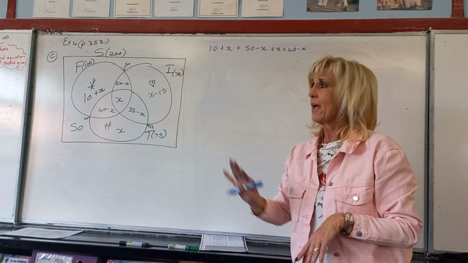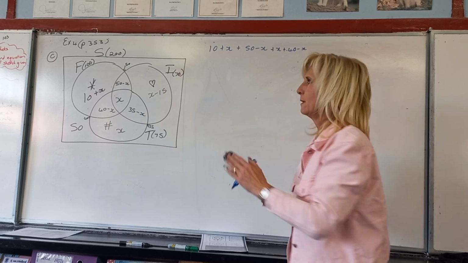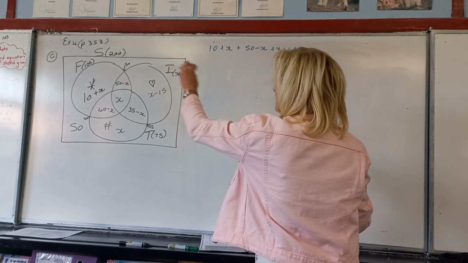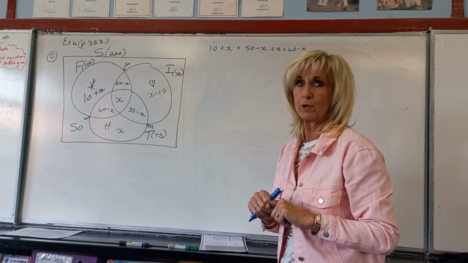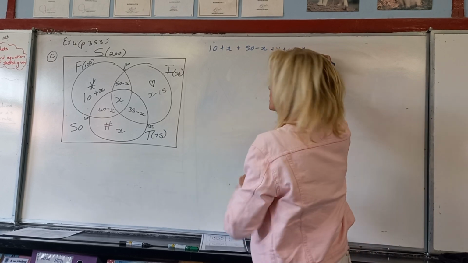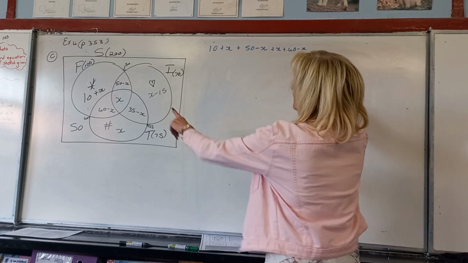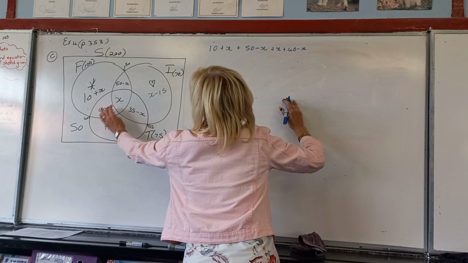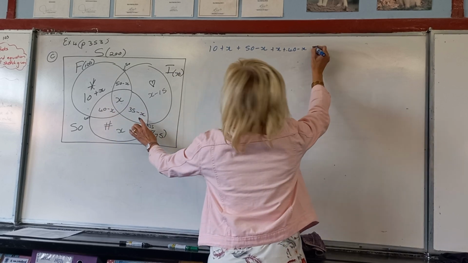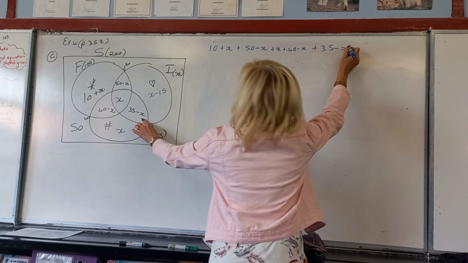A lot. And if your brain wants to think, no, I don't know what you just said, plus, plus, plus, that's perfect. No problem. Are you with me? Yes, ma'am. So let's do it. Where am I now? Just don't lose yourself. That I've done. Plus 35 minus x.